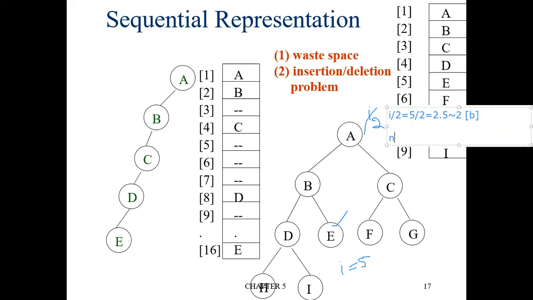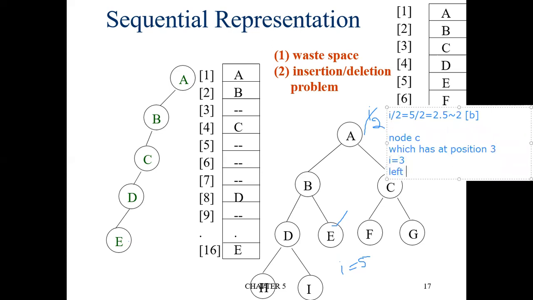If we consider any other node, take node C, which is at position 3, that is I equal to 3. Left child is equal to 2 into I, so 2 into 3 is equal to 6.